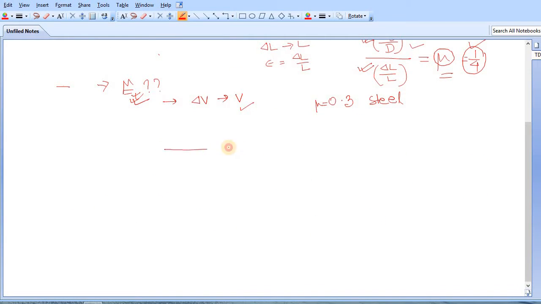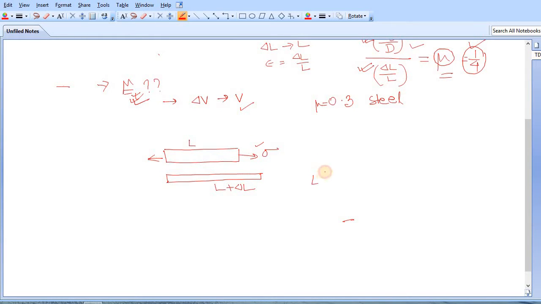Let's consider this object where you have applied a tensile stress, let's say sigma. After applying this stress, previously the length was L, and now the length has become L plus delta L. Clear? So what is the new length?